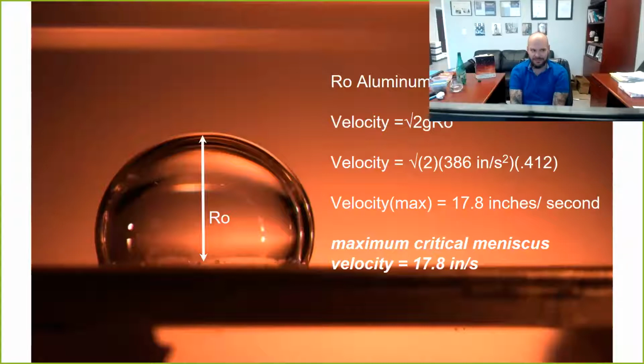We can calculate gravitational acceleration offered upon that droplet and find out that the surface tension of this liquid is able to withstand 17.8 inches per second of velocity before the surface tears, which is extremely important to consider, because now, if the metal is traveling less than 17.8 inches per second, that means as the metal is traveling, it's being held in check by surface tension, which means that the surface isn't tearing and you can't get the oxide film into the bulk. So this is what we're going to call a naturally pressurized surface tension controlled fill system.